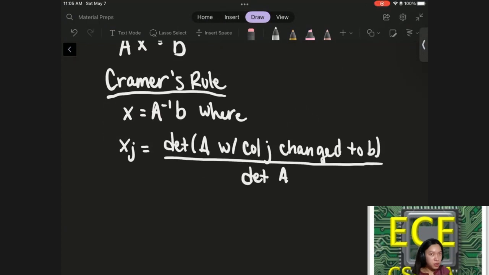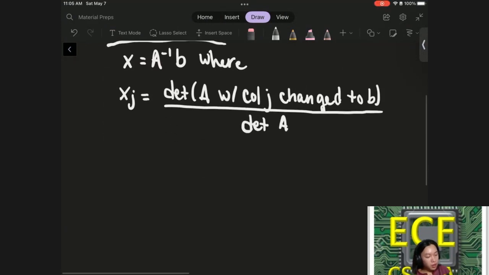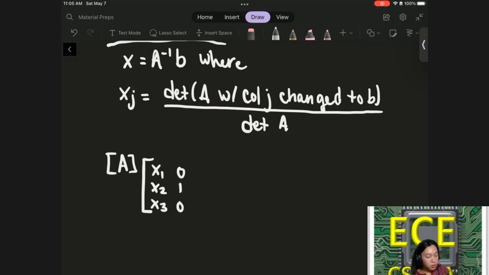And so what this means is that, say I have A, and let's look at the first column of X, which I'm going to label as 1, 0, 0.